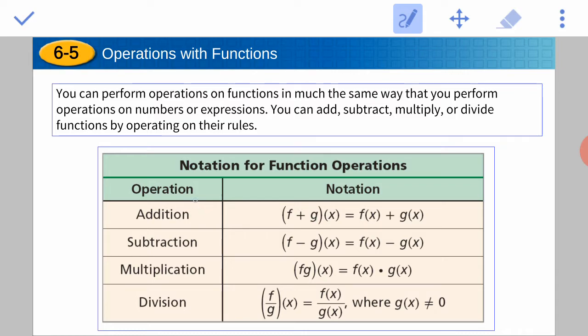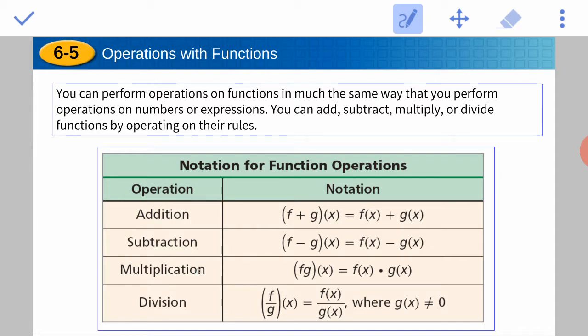To perform addition on those two functions, f plus g of x is defined by the rule f of x plus g of x. Similarly, subtraction, f minus g of x, can be written in the form f of x minus g of x.